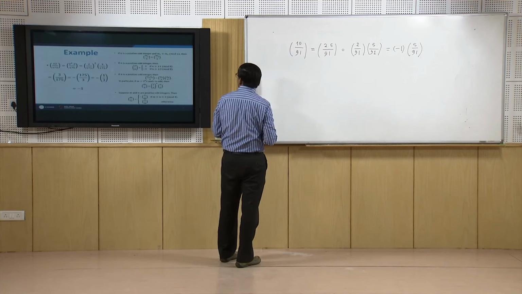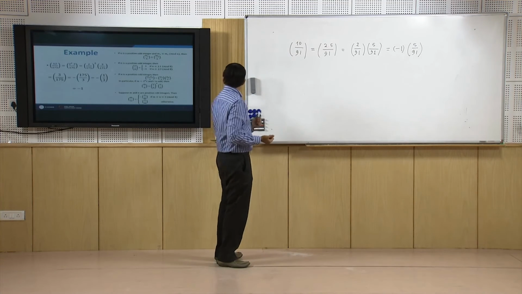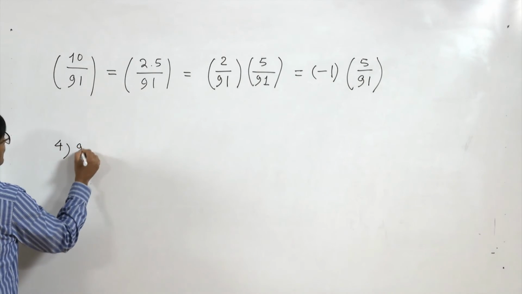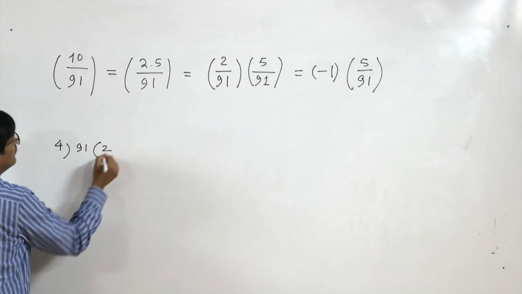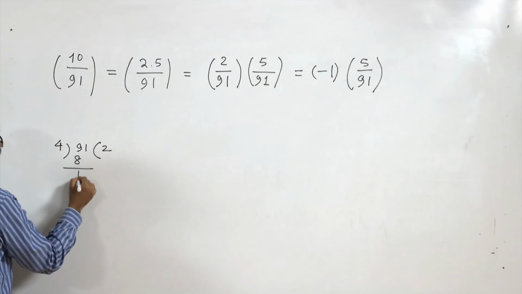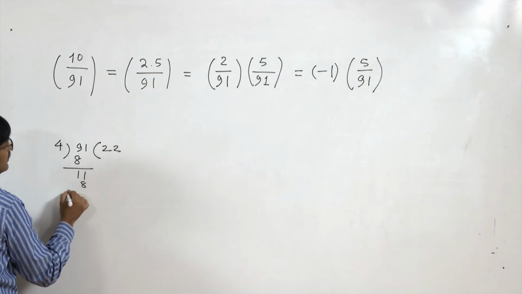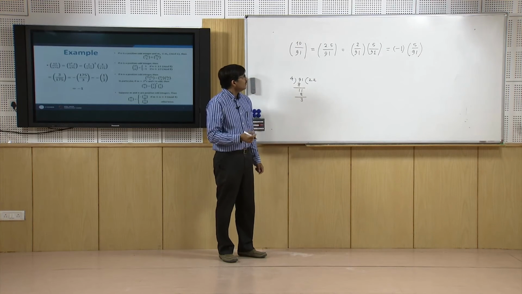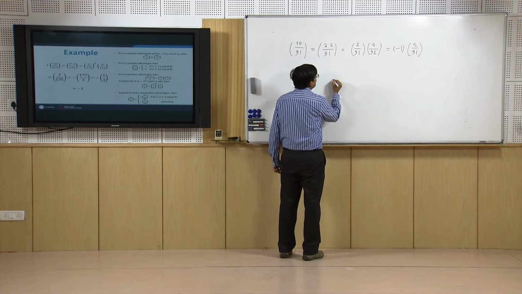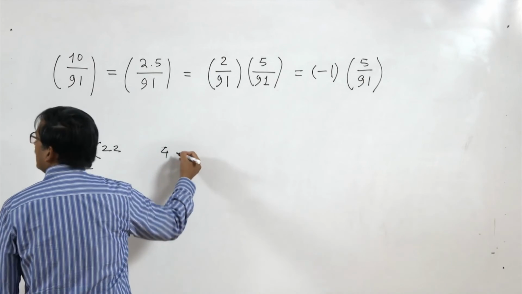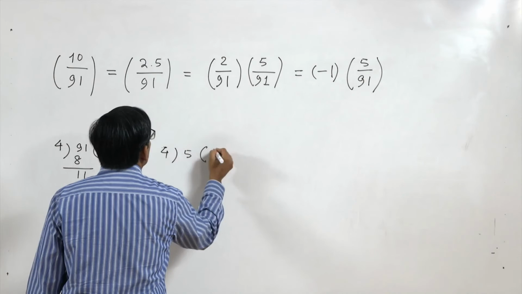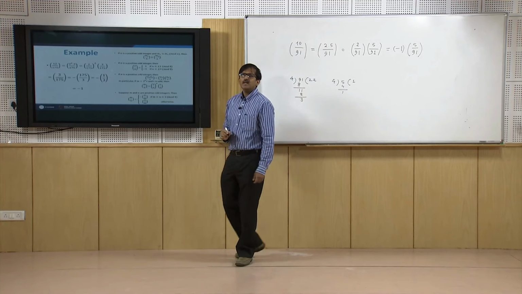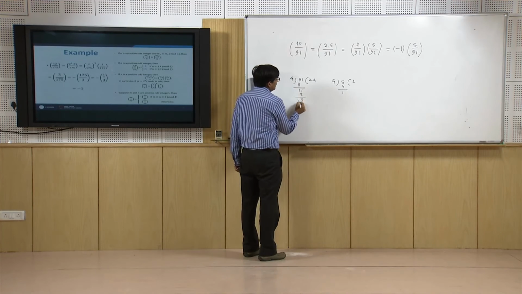First I have to divide 91 by 4, this is 3, and then I have to divide 5 by 4, one. So, in one case we see that the remainder is 3.